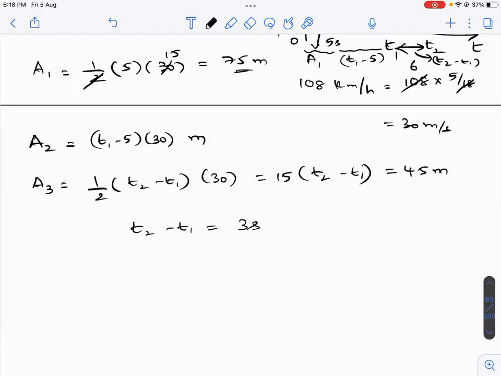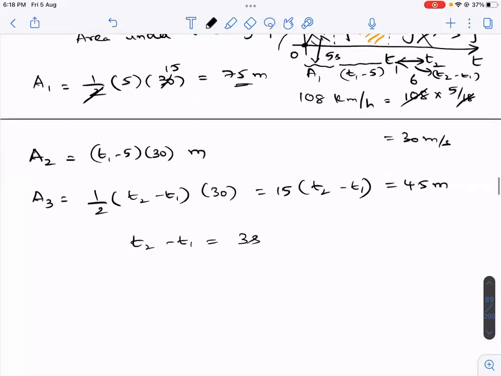Okay, T2 minus T1 is 3 seconds, which implies T2 is equal to T1 plus 3. Right?